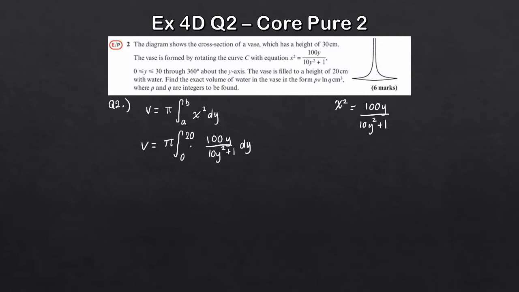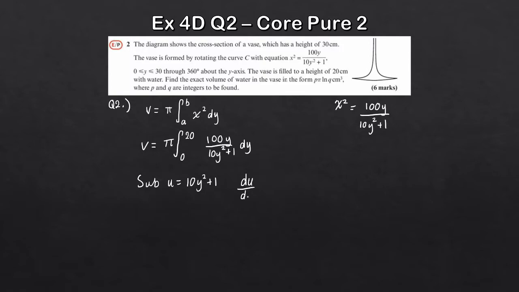Now very common again, like we've been doing for the previous volumes of revolution, we're going to use substitution to solve this integral. Okay, so if I sub in u, and I'm going to say it equal to 10y squared plus 1, the denominator here, because then we can differentiate it, get it in terms of dy as well, and we can start cancelling quite nicely. So u is 10y squared plus 1. So if we differentiate this, what would we get?